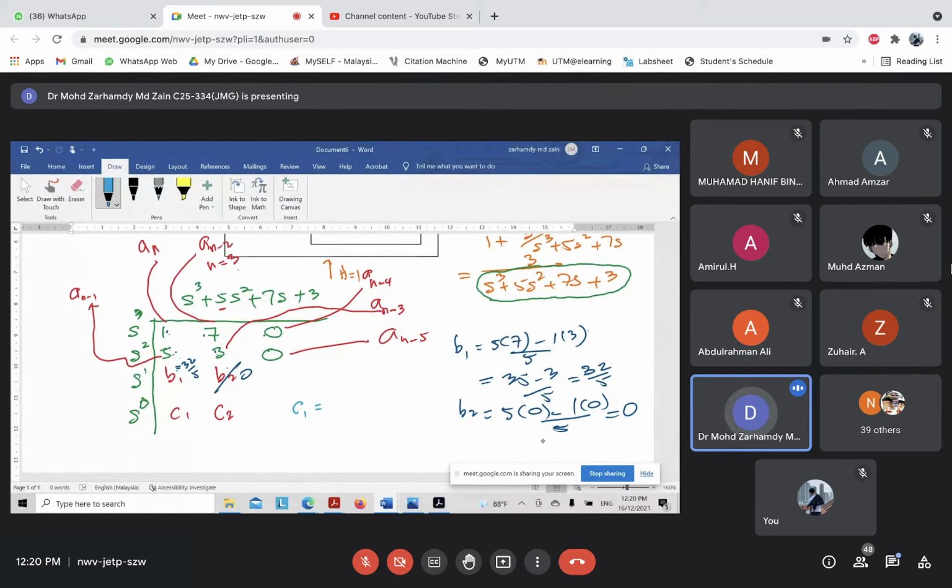So we have 32 over 5 multiplied by 3 minus 5 multiplied by 0, over 32 over 5. So here we will get 3.